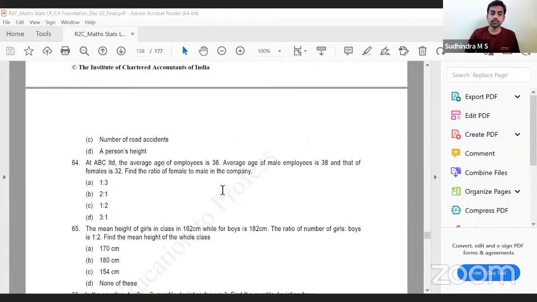None of these. Correct. What's the answer? 175.33. Yes, the answer is 175.33.